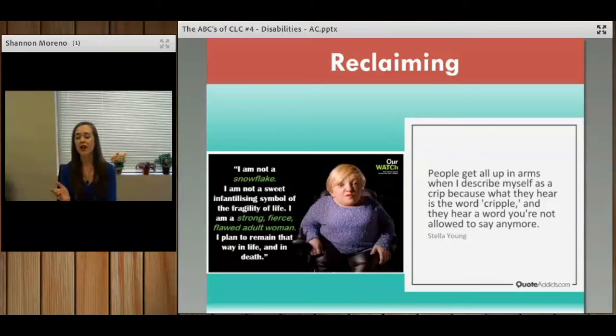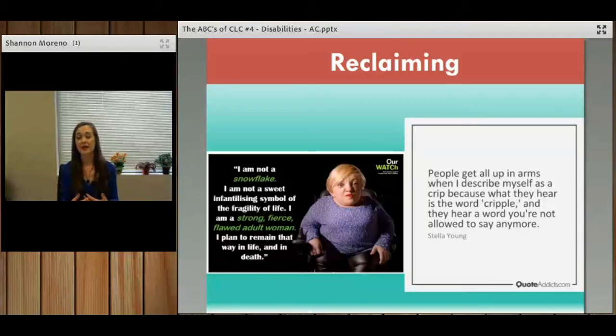And then in regards to her, she is known for referring to herself as a crip, short for cripple. She says, "People get all up in arms when I describe myself as a crip because what they hear is the word cripple, and they hear a word you're not allowed to say anymore." For Stella, this is empowering.